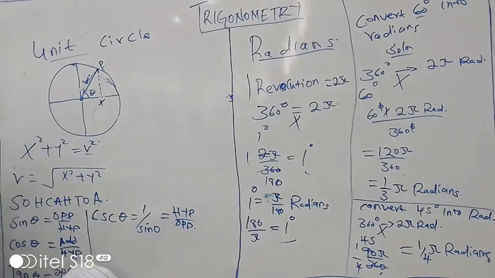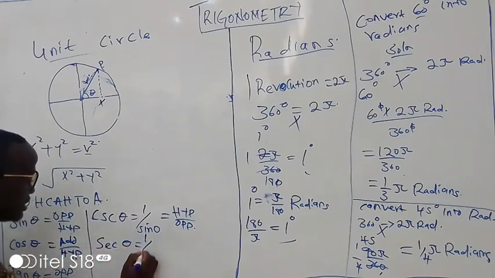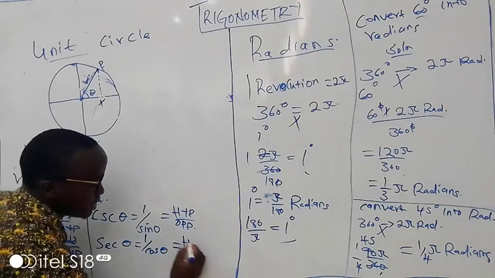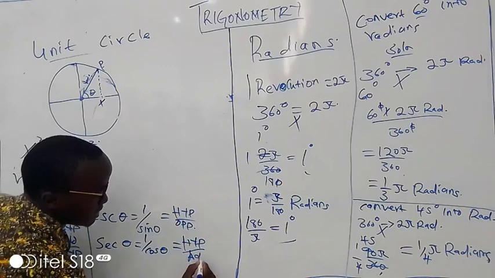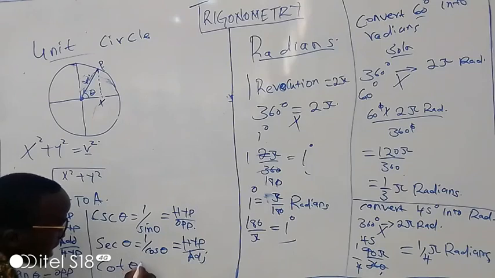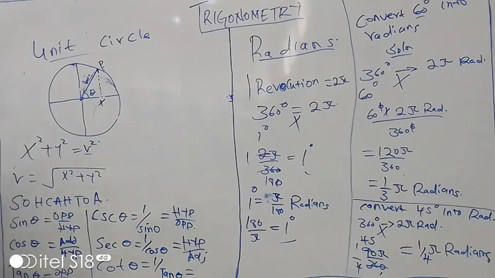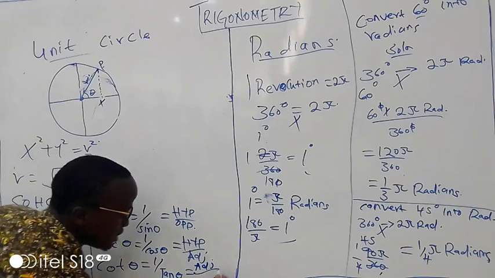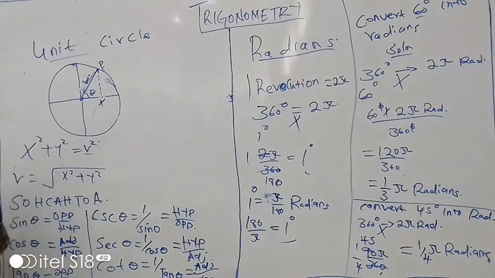And we have sec theta, which is 1 over cos theta, the reciprocal of this, hypotenuse over adjacent. And we have the last one, cot. Cot theta is 1 over tan theta, the reciprocal of this, which is adjacent over opposite. These are the 6 trigonometric functions.